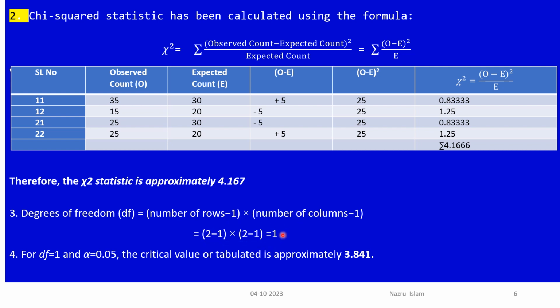We have 1 degree of freedom, and we have taken alpha as 0.05, that is the level of significance, and the critical value or tabulated value is approximately 3.841.